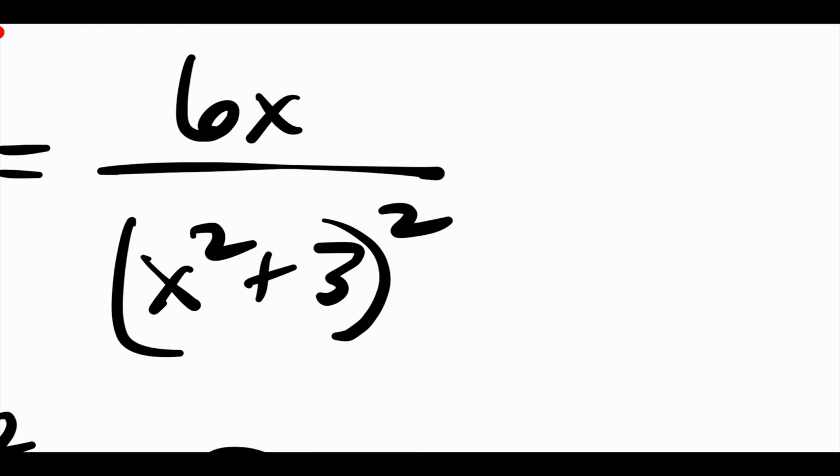Sometimes on a test question, they'll say, this is your first derivative, tell me where you have horizontal tangent lines. What would I check? How do I find where this has horizontal tangent lines if this is my first derivative?